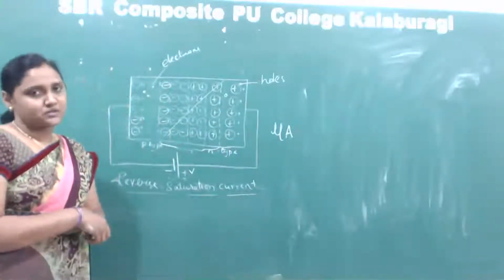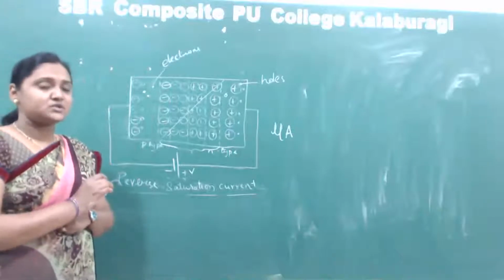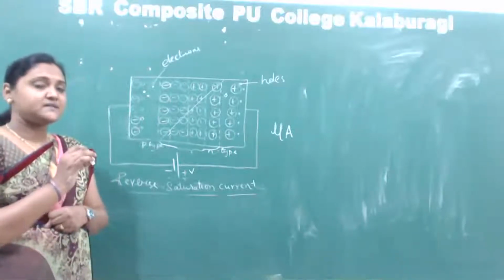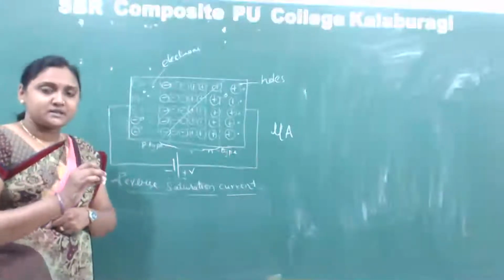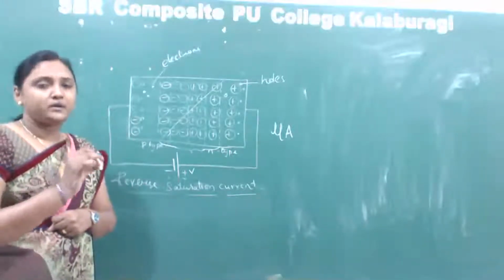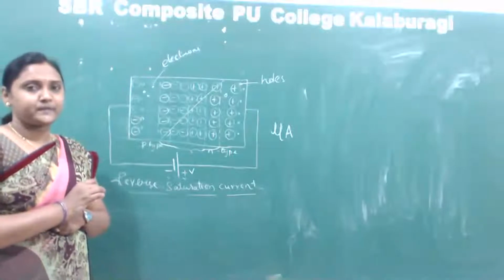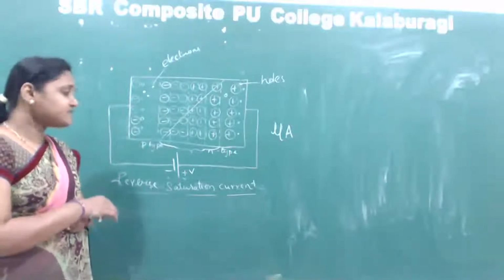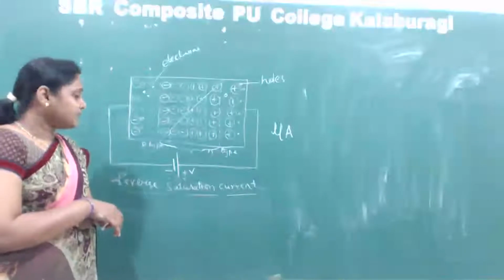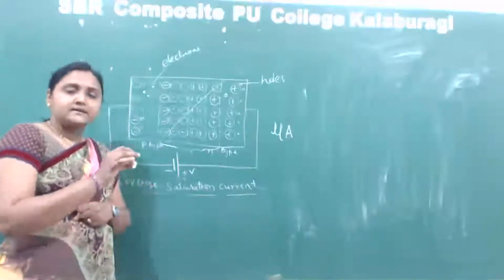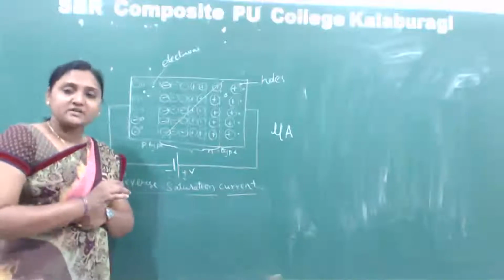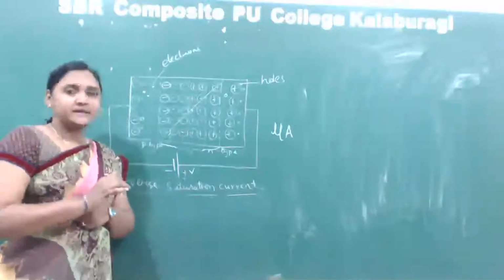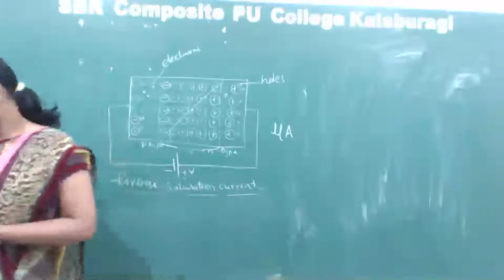The reverse saturation current. So what is this reverse saturation current? It is the very small amount of current resulting due to minority charge carriers under reverse bias condition. Right?